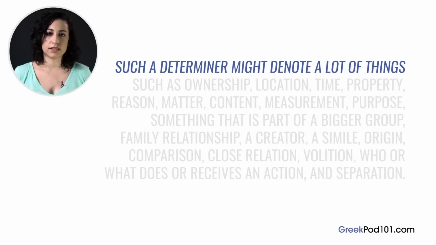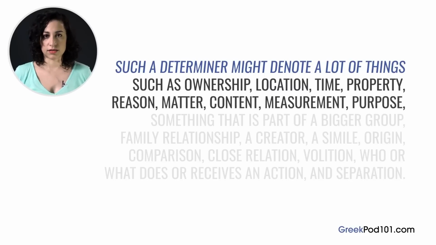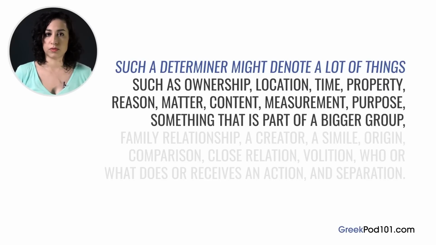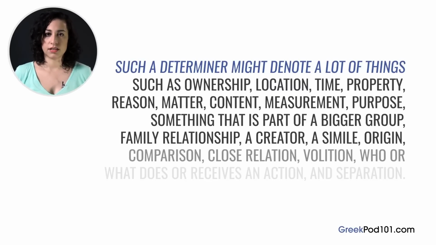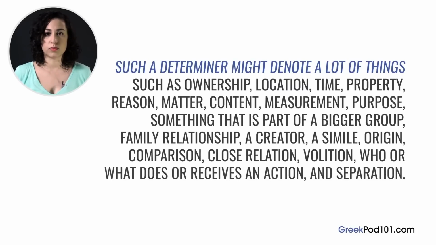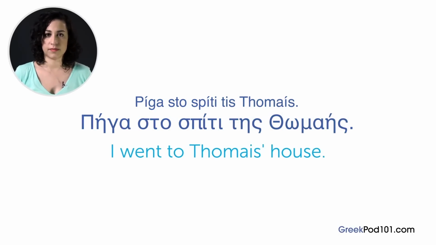Such a determiner might denote a lot of things, such as ownership, location, time, property, reason, matter, content, measurement, purpose, something that is part of a bigger group, family relationship, a creator, a simile, origin, comparison, close relation, volition, who or what does or receives an action, and separation. For example, πήγα στο σπίτι της Θωμαής. I went to Thomais' house. The house belongs to Thomais, so here the genitive expresses ownership.